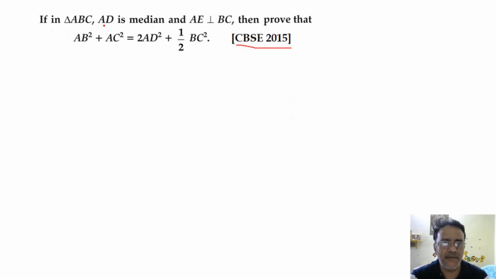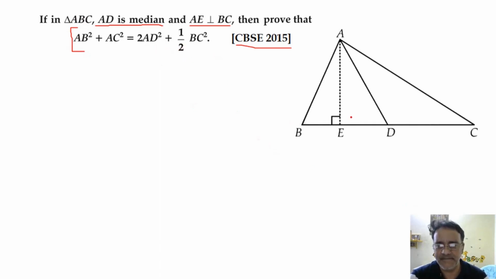If in triangle ABC, AD is the median and AE perpendicular to BC, then prove that AB square plus AC square is equals to 2 times AD square plus half of BC square. So first we will draw the diagram. Okay. So ABC is the triangle and AD is the median and AE perpendicular to BC.